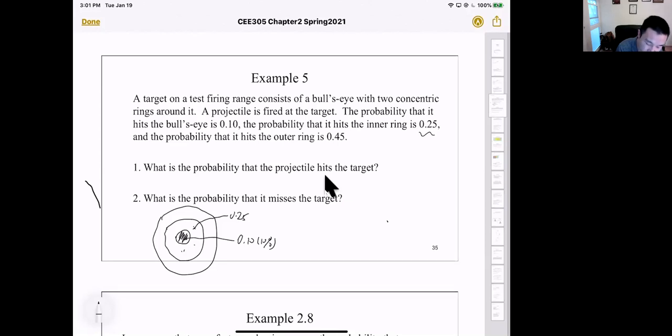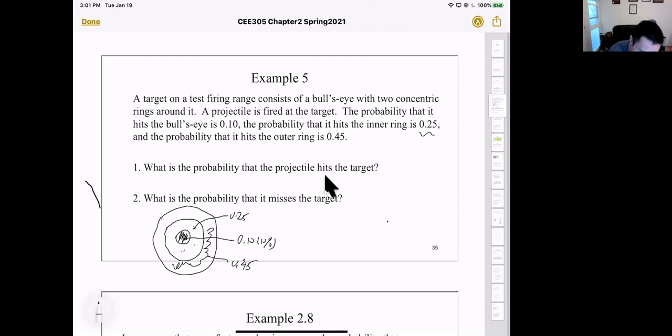And the probability of hitting the outer ring, this area, is 0.45. So what is the probability the projectile hits the target? Hitting the target means it hits anywhere on the big circle, the big pie.